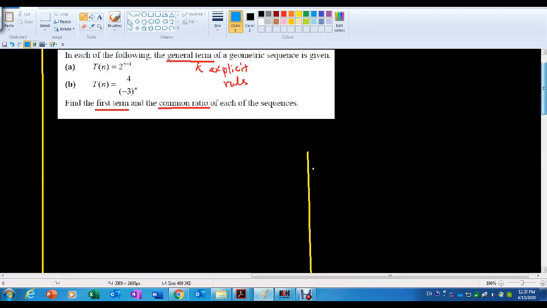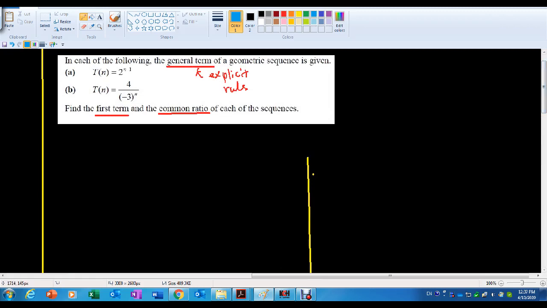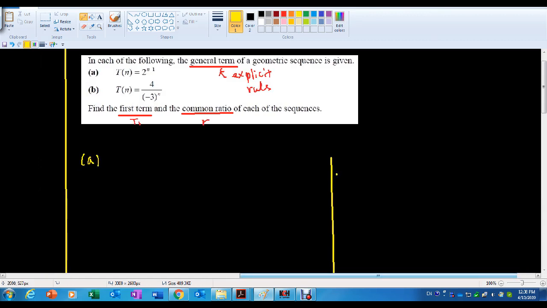Okay, so let's go back here. How could we find the first term from this one? What do we mean by first term? Remember that first term just means T1, and common ratio is just r, okay? So for A, how could we find its first term? All you need to do is put T1.